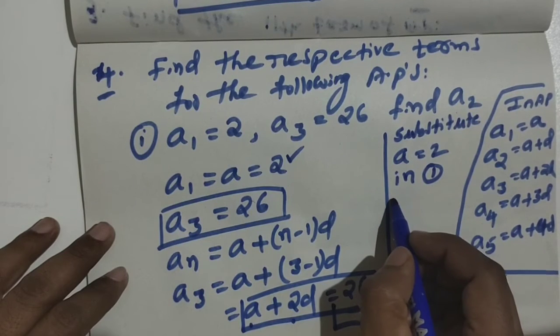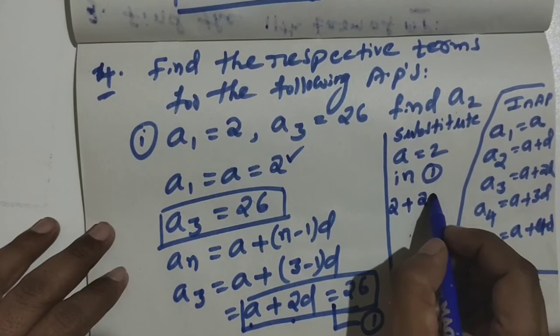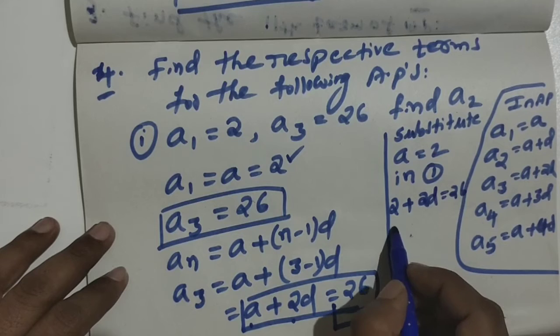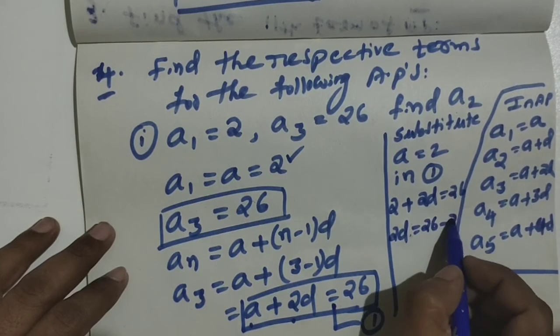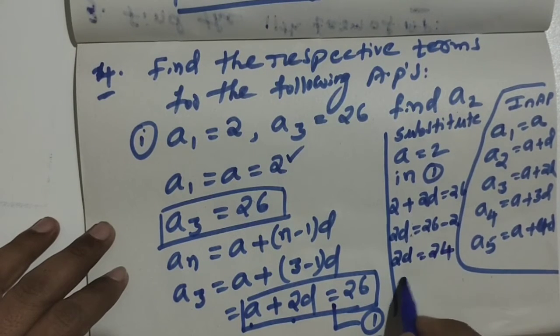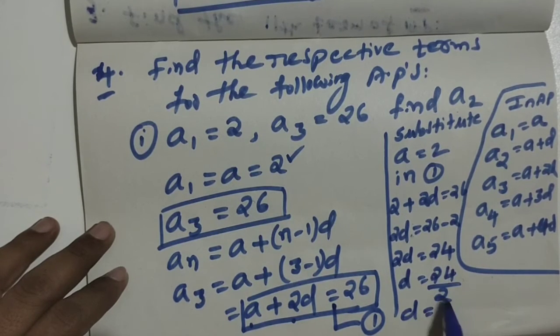Then we get 2 plus 2D is equal to 26. So 2D equals 26 minus 2, then 2D is equal to 24. Then D is equal to 24 by 2, and 2 ones are 2, 2 twelves are 24, so we get D equal to 12.